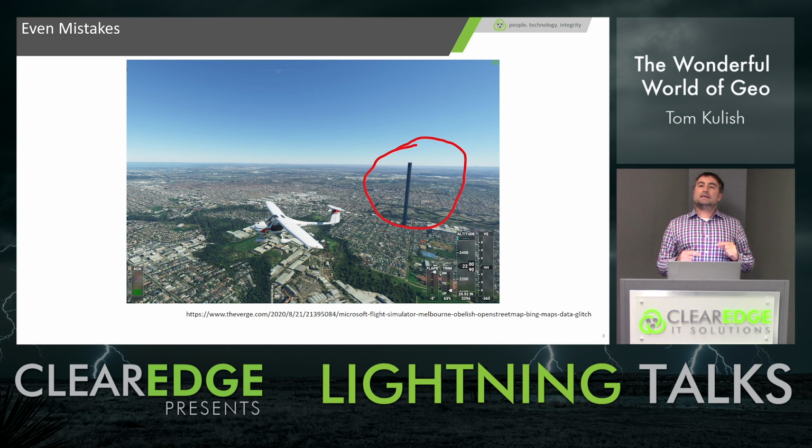He accidentally mistyped a building's height. Instead of writing 2 stories, he wrote 212 stories. No one saw that until someone was flying Microsoft Flight Simulator, which was using this data, and they said that building is not in that city. It's just funny that small open source data you would never look at in any other fashion is showing up in there.